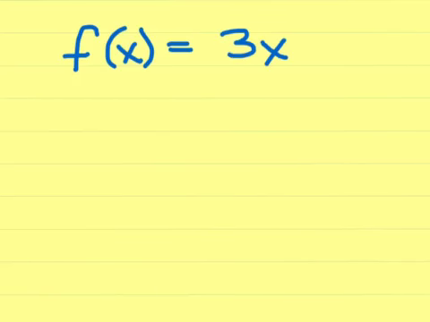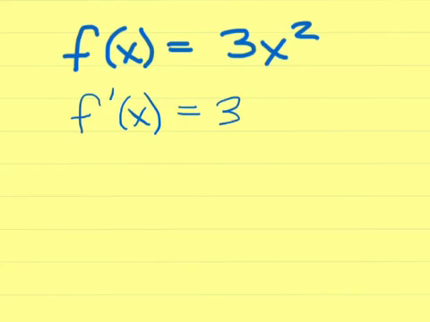Let's say we have the function f of x equals 3x squared, and we want to find the derivative of that. The notation for the derivative is this. To find the derivative, whatever number is out to the left of the function, such as 3, you keep it there.